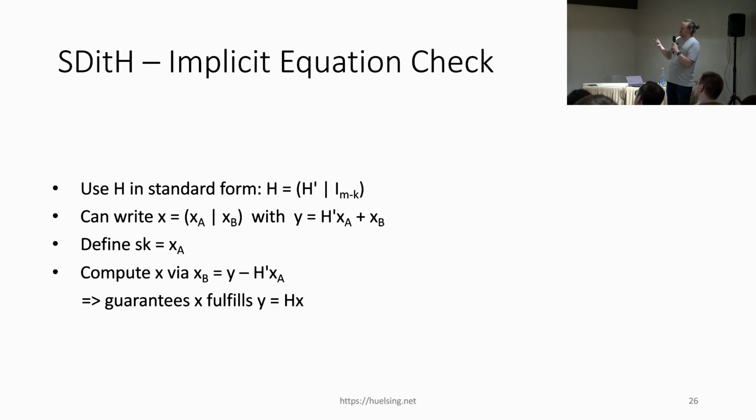If I then define the secret key to just be this XA part, and during my MPC computation I compute the full X by computing XB as Y minus H prime times XA, then I'm implicitly verifying immediately that the X I just computed fulfills this equality Y equals H times X. So by making this part of my MPC computation, I have the linear constraint check already in.